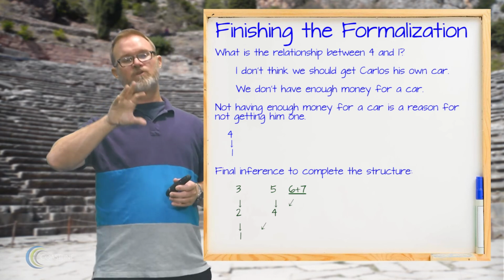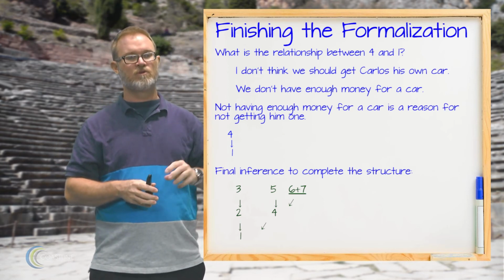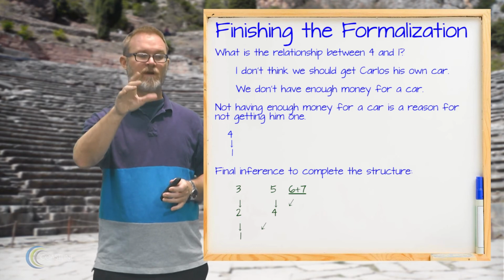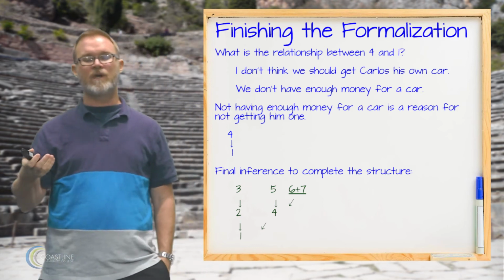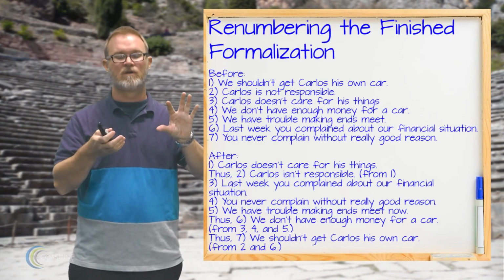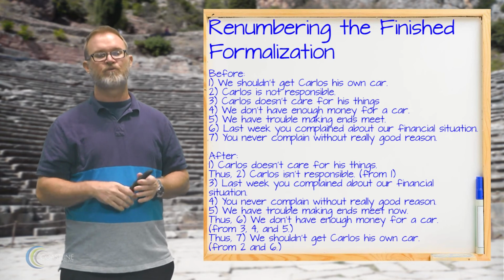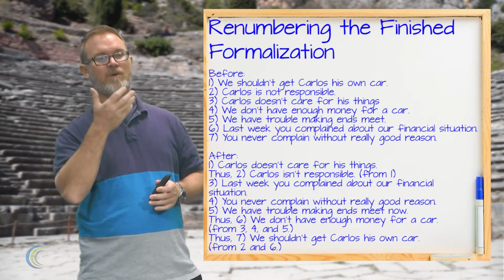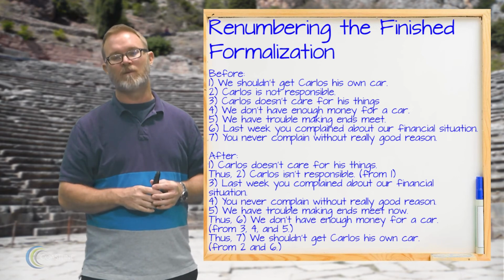And so then what we're going to do now, since we have our structure, is this: 3 is down to 2, 2 to 1, and then 5, 6, and 7 all down to 4, and 4 down to 1. Since we have that structure, now we can reorganize all those numbers to map on and reflect that structure. So for example, 1 there, which is that I don't think we should get Carlos's own car, will end up being the conclusion of our argument.